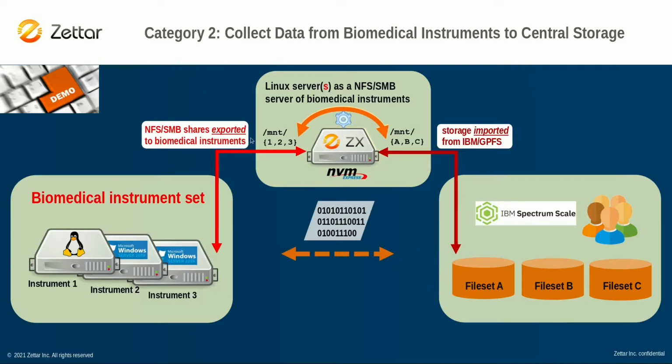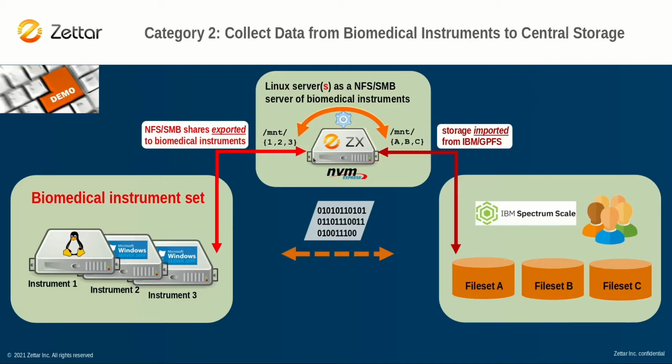The exported NFS/SMB shares look like local subdirectories in the Linux server. The central storage is mounted in the server and looks like a subdirectory too. So if ZX can move data from a set of subdirectories to another, it gets the job done. This is done with ZX SSM.